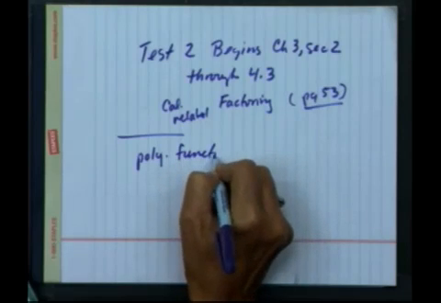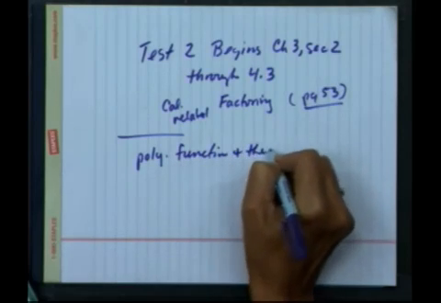Give me a question, somebody, that you have. Can you do it for identifying polynomial functions and their degree? Okay, the question is about how you recognize a polynomial function and the degree.